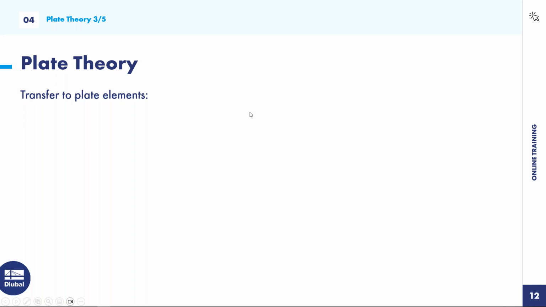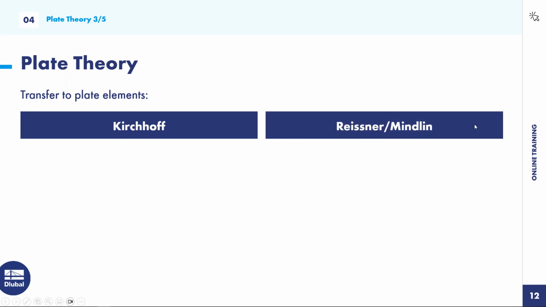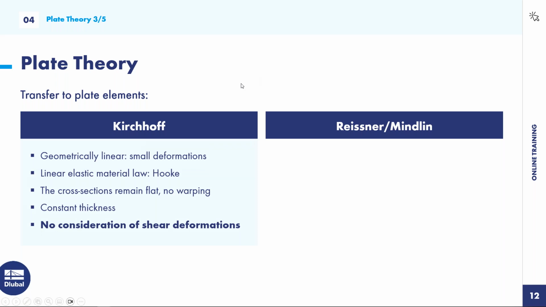Okay, so much for the analogy. What does this mean for our plate theory, for our surfaces? You have already heard, I guess, of the Kirchhoff theory, and there's also the Reisner-Mindlin theory, which are the big players for plates and the analogies to our Bernoulli and Timoshenko beams. So this means the Kirchhoff theory is geometrically linear with small deformations.